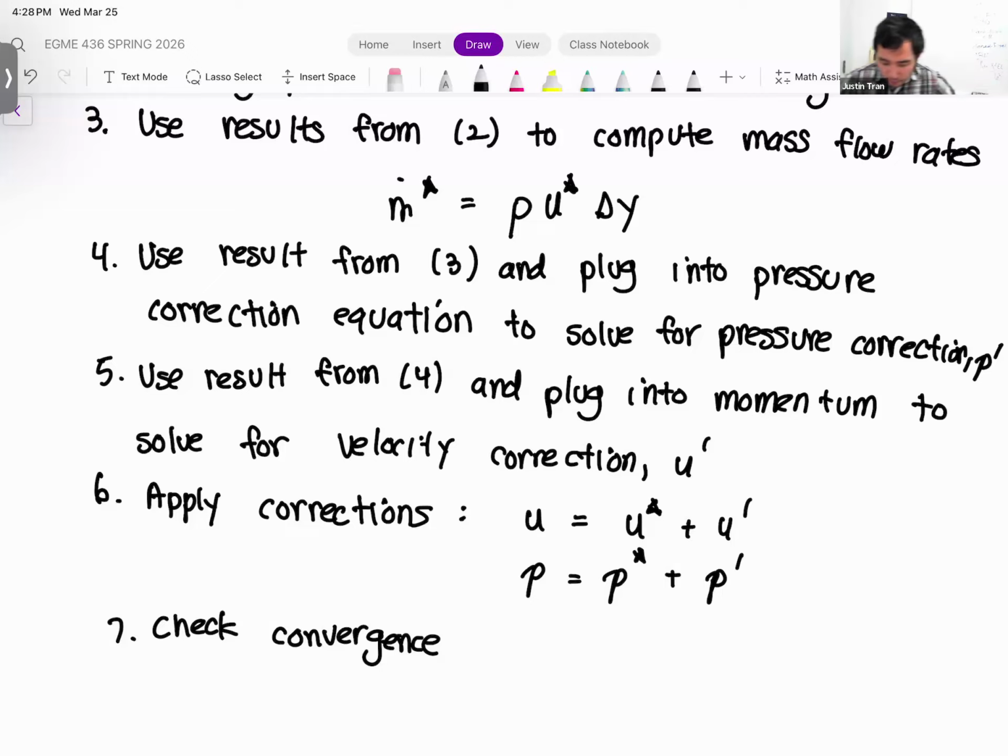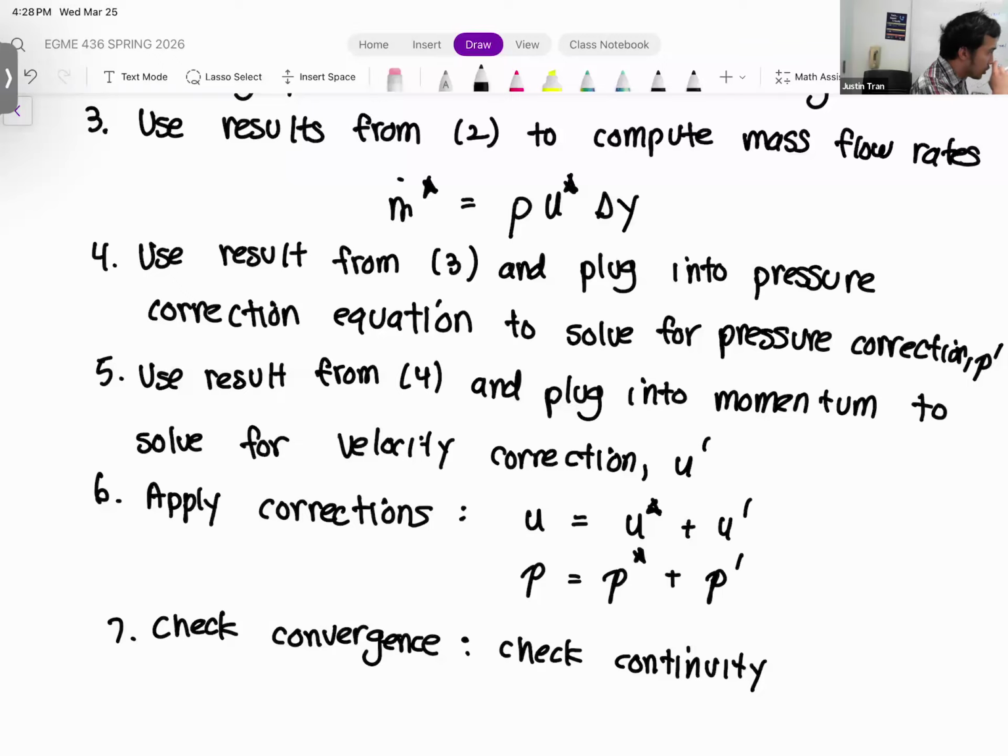The way we check convergence, typically, is to check our mass conservation. If you add all the mass flow rates up, they should sum to 0. That's mass conservation, or at least get you close to 0.